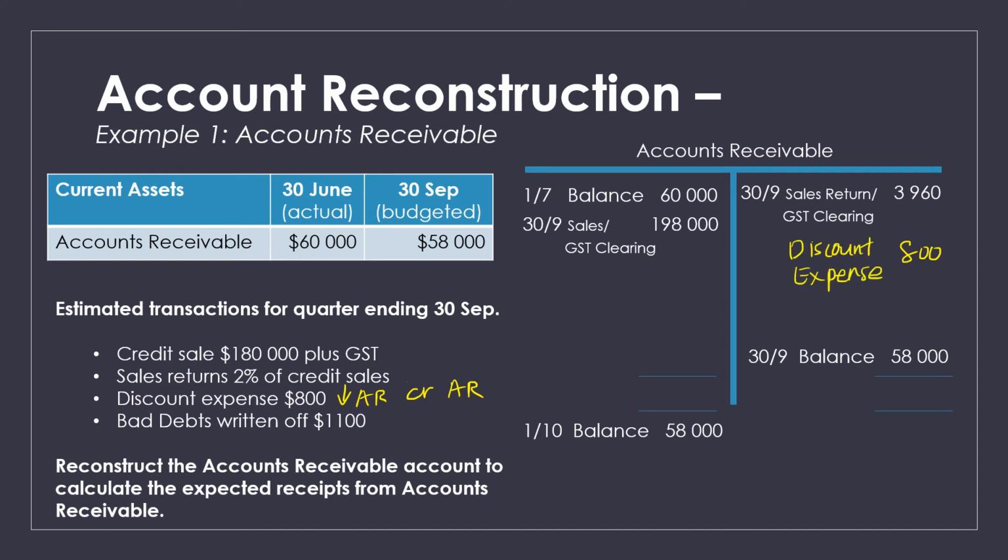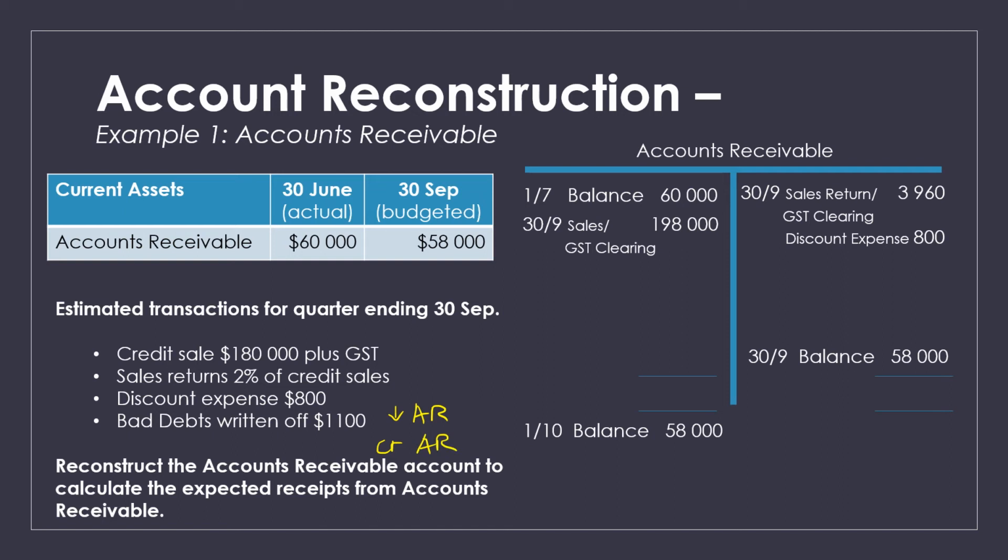And since the date 30th of September has already been written here at the top, we do not need to write it again. For our last transaction here, we're estimating bad debts written off to be $1,100. When this transaction is recorded, we recognize a decrease in the accounts receivable. Therefore, we will credit the accounts receivable account.